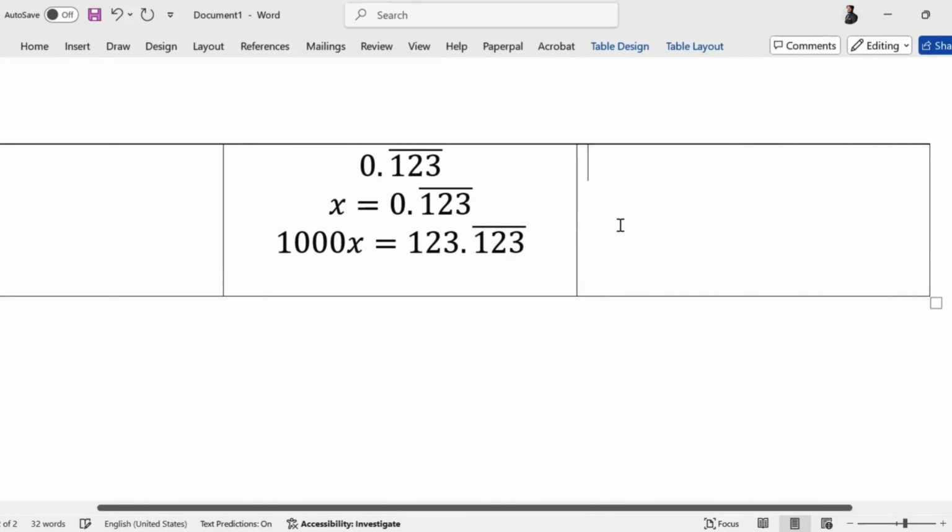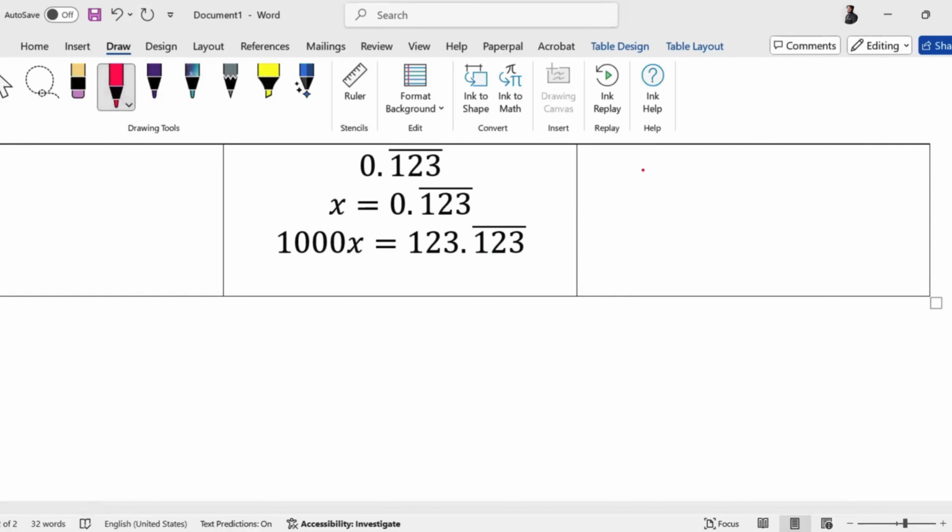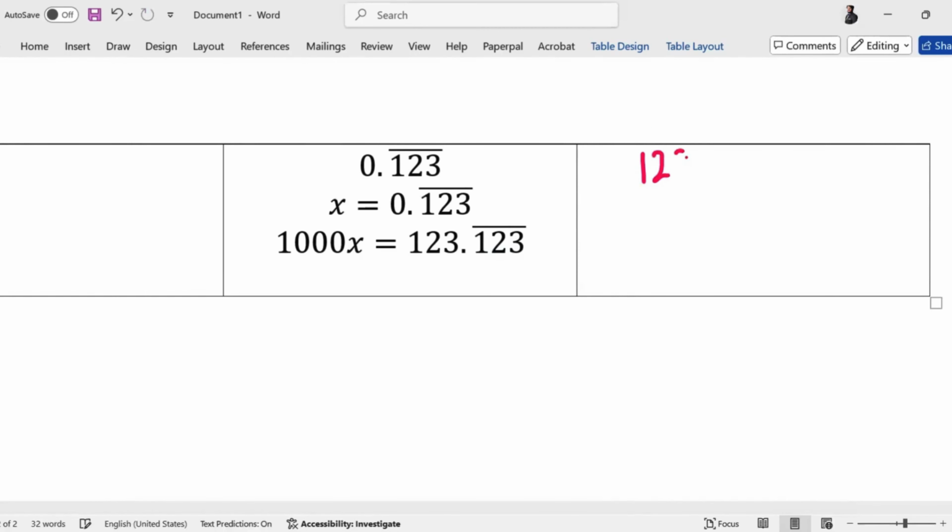Is that right? So now if I subtract it, 1000x is 123.123, and this is going on forever. So if I subtract my x from this, 0.123, primary objective is clear.